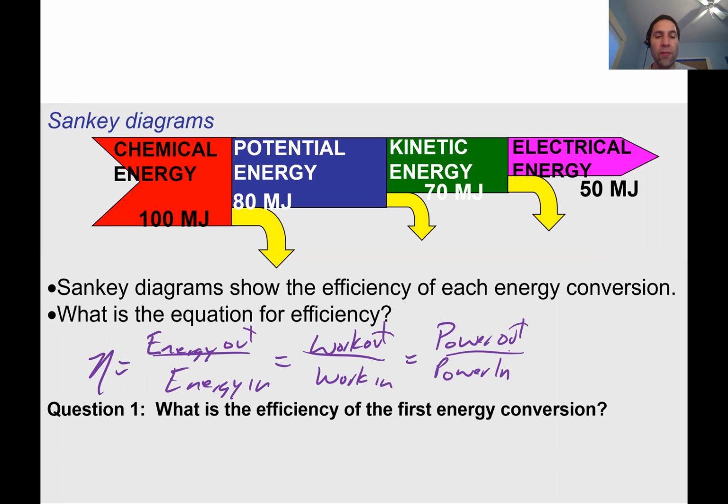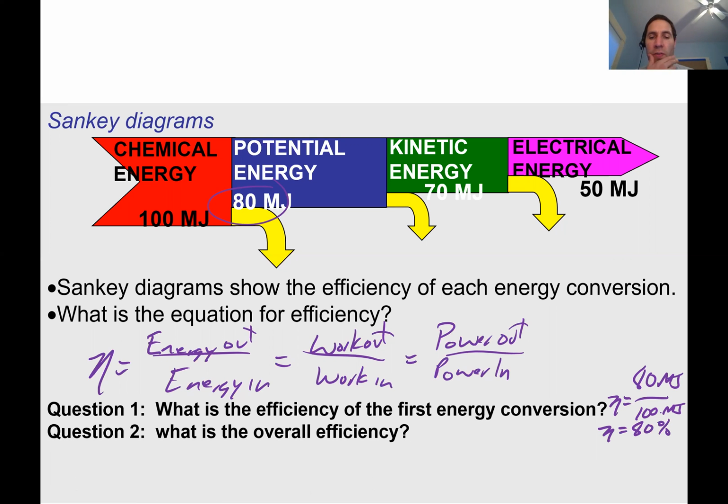Okay, so what is the efficiency of the first energy conversion? Well, all we would do is take the energy in, which is 100 megajoules, and how much did we get out? 80 megajoules. So 80 divided by 100 gives you an 80% efficiency. Question 2, what is the overall efficiency?